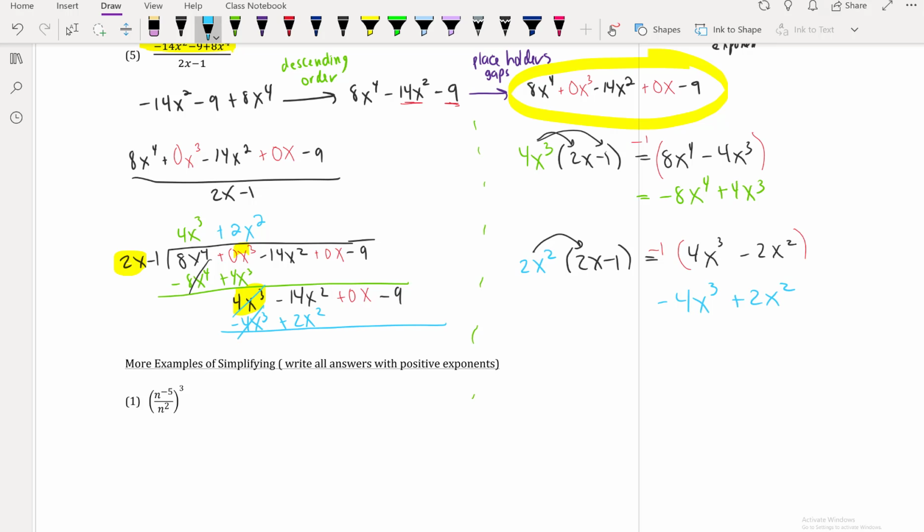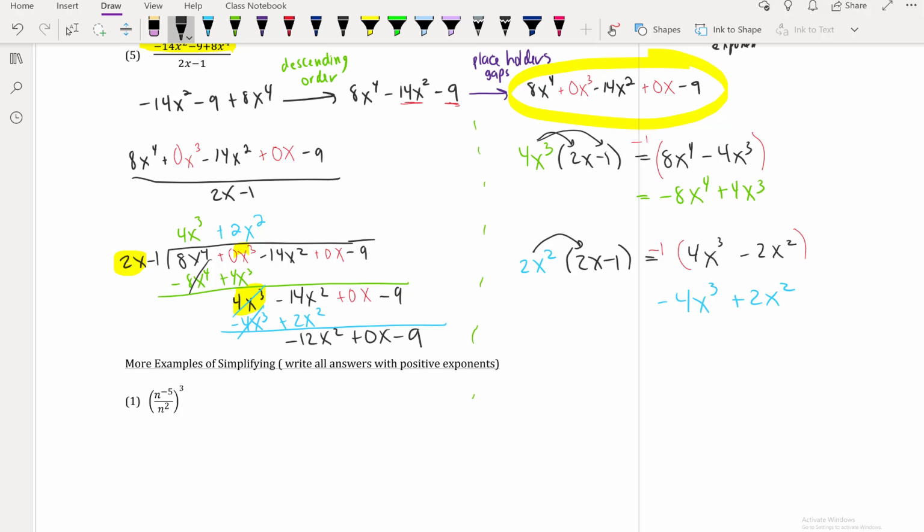So the first terms get canceled out. So now I have a negative 14 plus 2, and that's going to give me a negative 12. So negative 12x squared plus 0x minus 9.